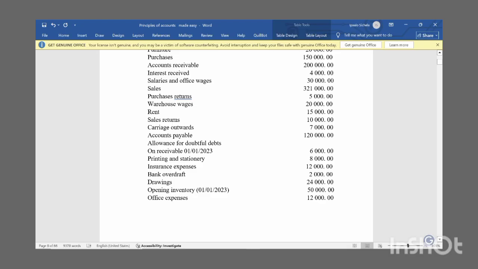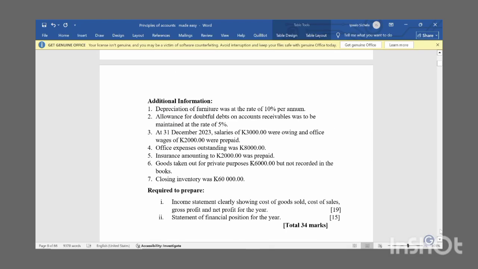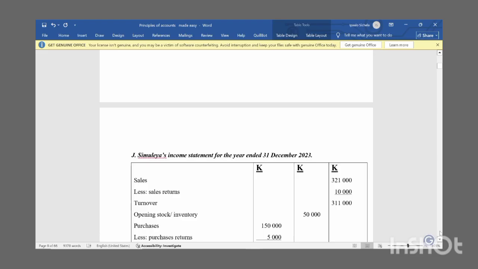If you look under additional information, adjustment number 6, goods taken out for private purposes 6,000 but not recorded in the books. So as long as you see goods were taken out for private use or private purposes, it is drawings. So 6,000 is drawings. So this 6,000 will be added to the drawings that were already given in the question, which were 24,000. So 6,000 plus 24,000 will give you 30,000.